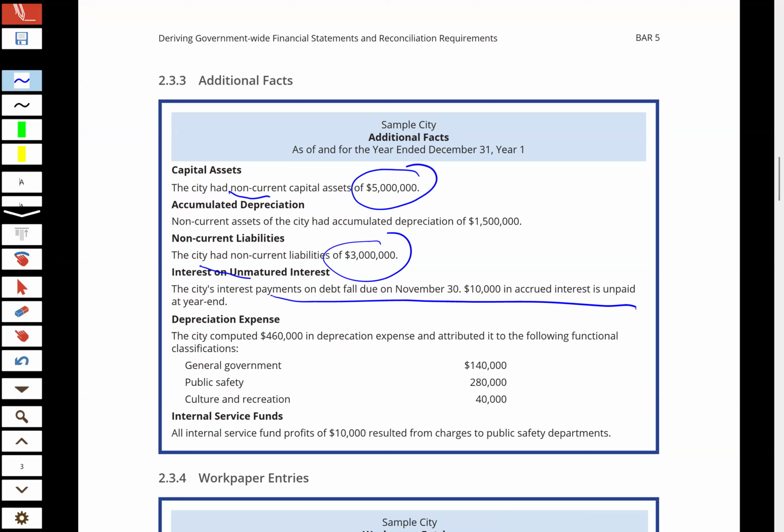Remember, we talked about, hey, interest is an expense under both modified and full accrual, but we don't do what? We don't accrue interest at year end under modified accrual. Under full accrual, we would.